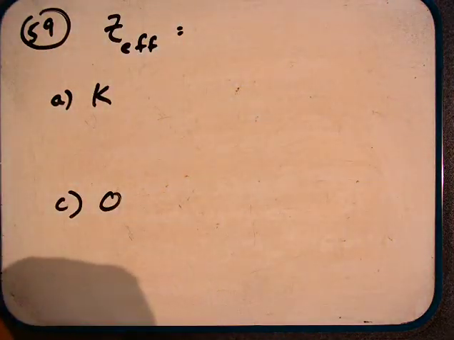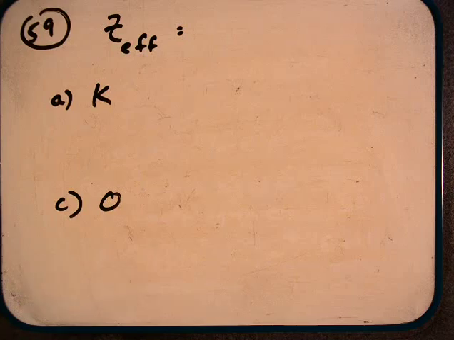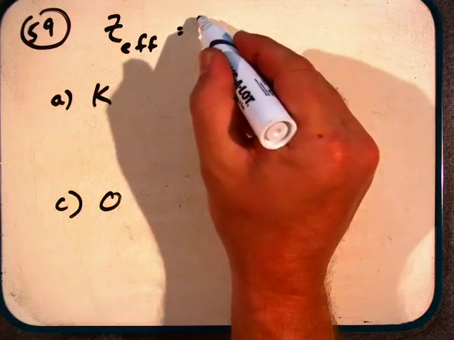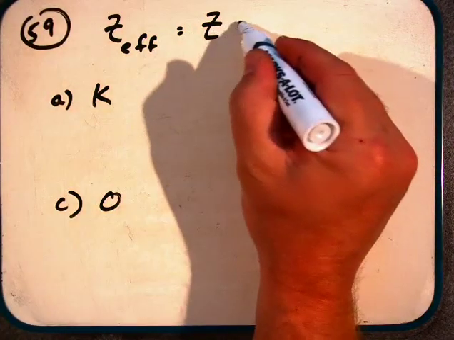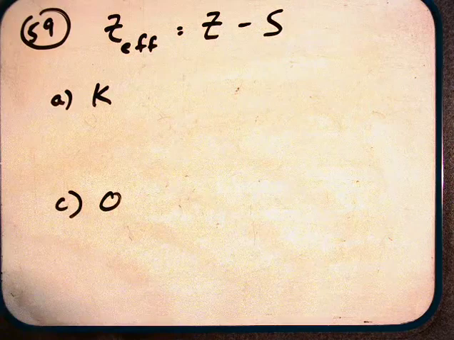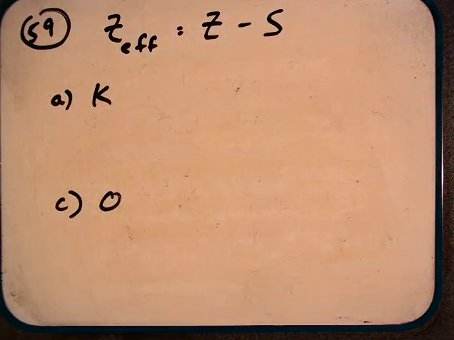Z effective is essentially the effective nuclear charge, the effective positive charge that the valence electrons actually feel. And so remember, what is that effective nuclear charge based on? Well, the first thing it's based on is the atomic number, right? The actual number of protons that are in the nucleus. And then we want to subtract away from that the shielding electrons.